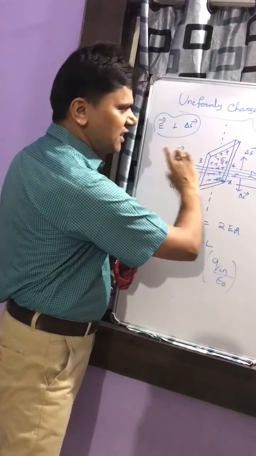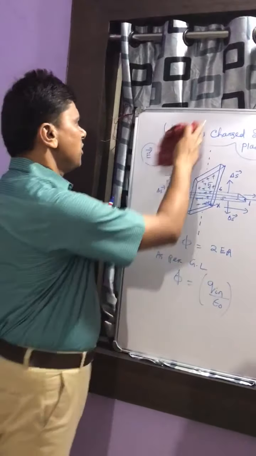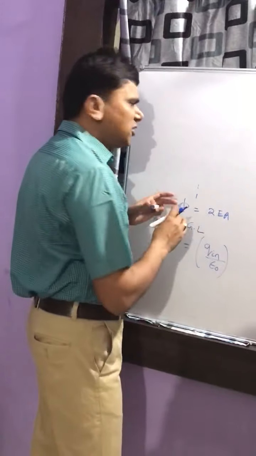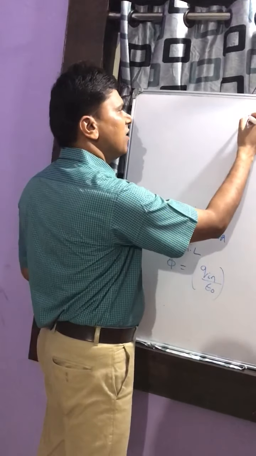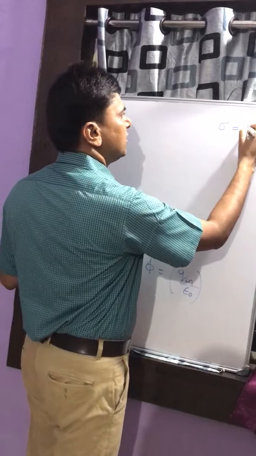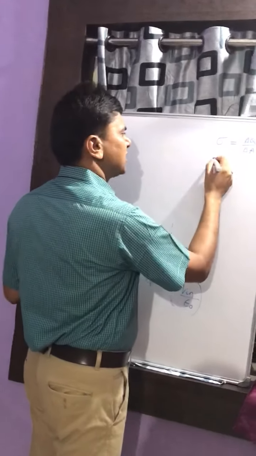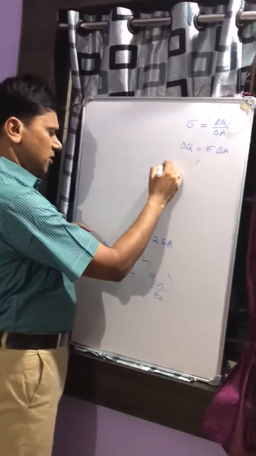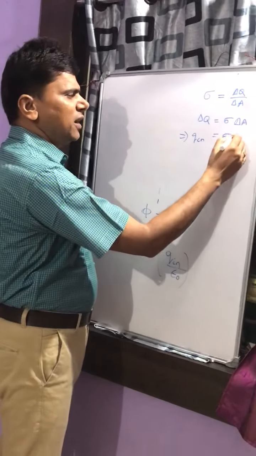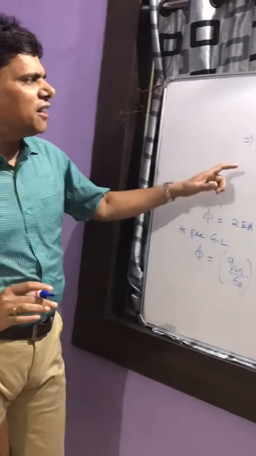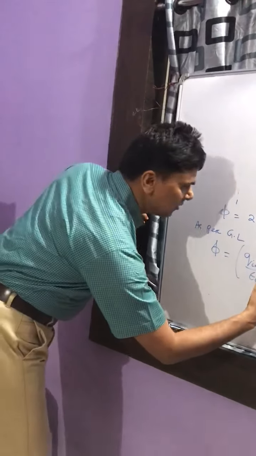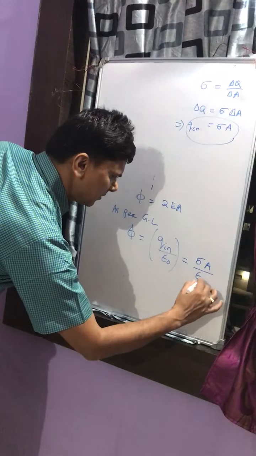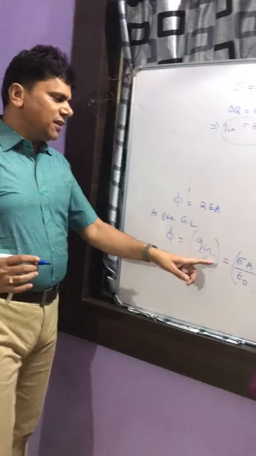This is our Gaussian surface, the rectangular parallelepiped, so we have to find the charge inside it. Because sigma is equal to delta Q by delta A, delta Q will be sigma into delta A. So Q in will be sigma into A, because I have taken the area to be A. So we are getting phi equal to sigma into A by epsilon 0.